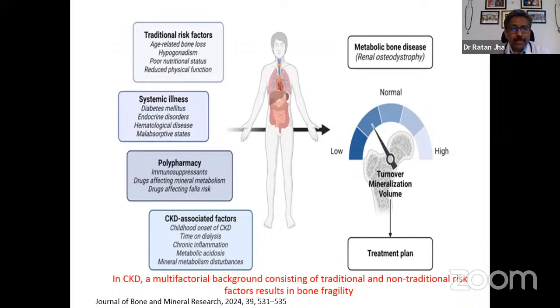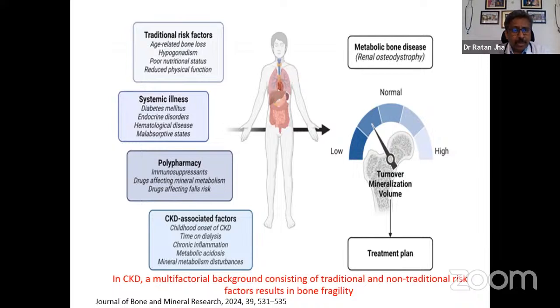The traditional risk factors for osteoporosis in a patient of chronic kidney disease are age-related bone loss, hypogonadism, because we know that sexual dysfunction happens in patients of kidney disease, poor nutritional status because of malnutrition, and reduced physical function. All these things are common to the CKD population as well as the non-CKD population, where they produce the risk of osteoporosis.